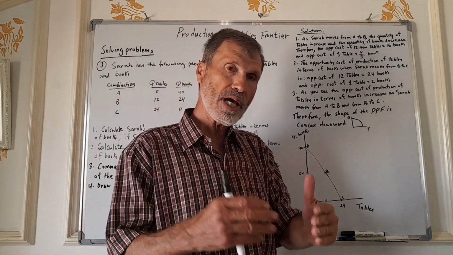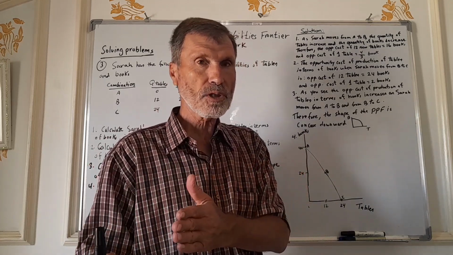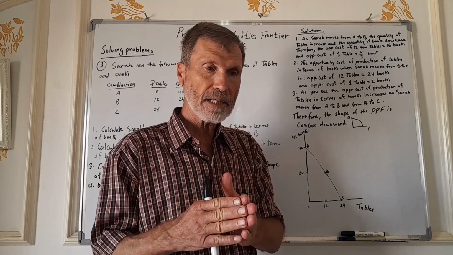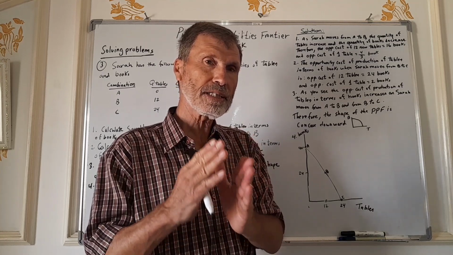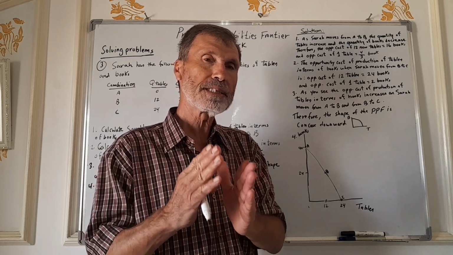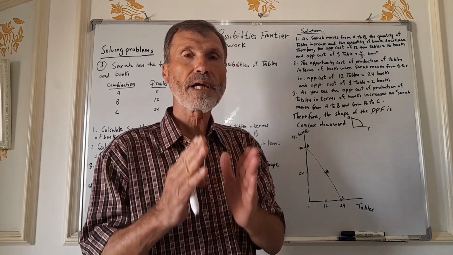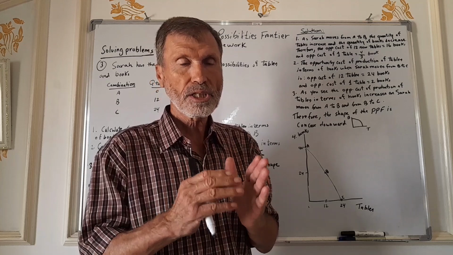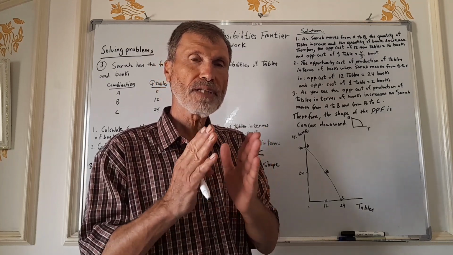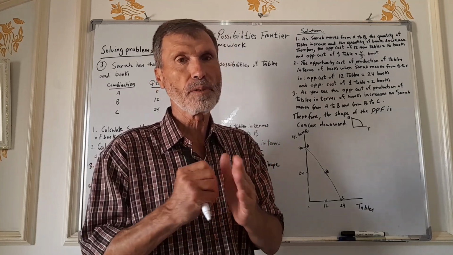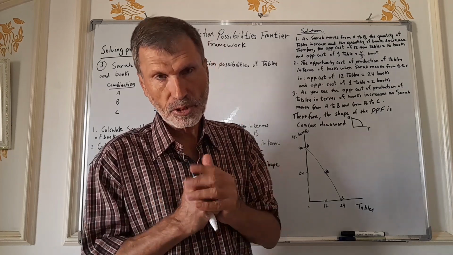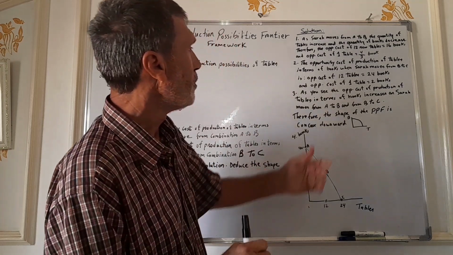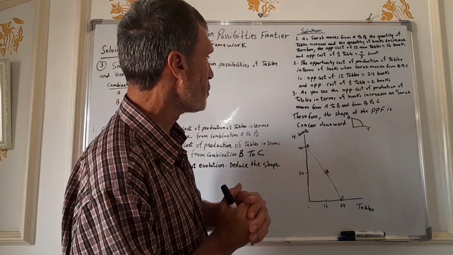This means that we have an increasing opportunity cost, and when we experience an increase in the opportunity cost, this is the characteristic of a concave downward PPF. So actually, we have a concave downward or bowed outward PPF since we have an increase in the opportunity cost.